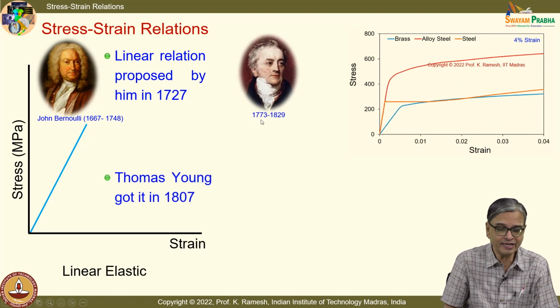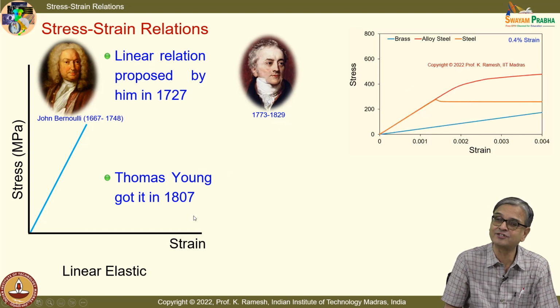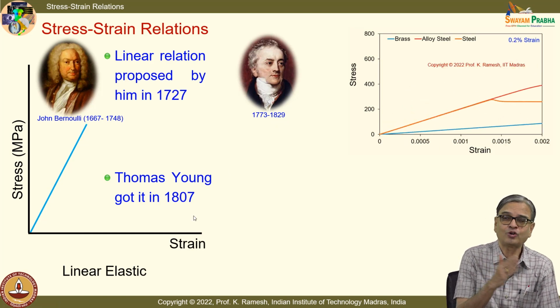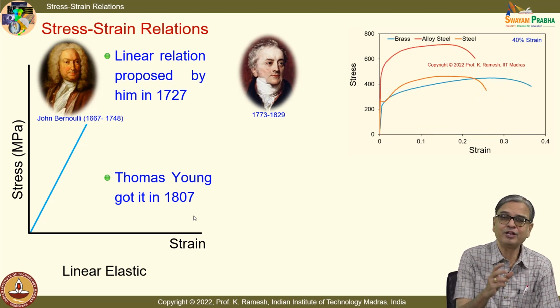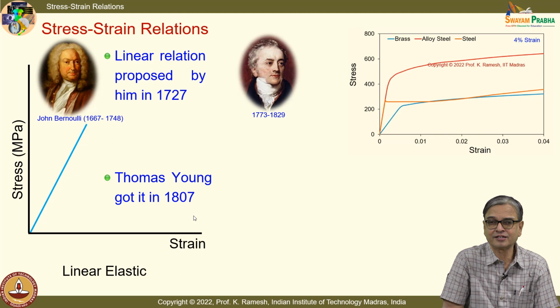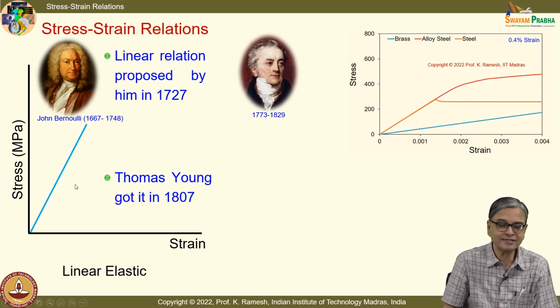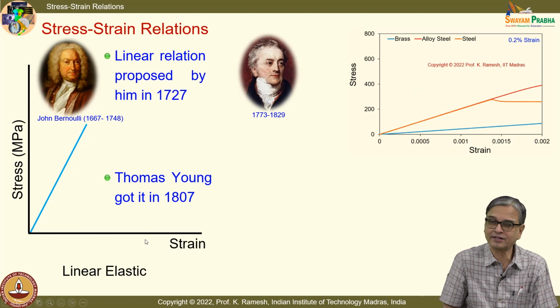Thomas Young lived only between 1773 and 1829. He got this only in 1807. I do not know how the labeling of some of these and giving the credit to the scientist is operated. Whatever it is, this is known as Young's modulus in his honor.